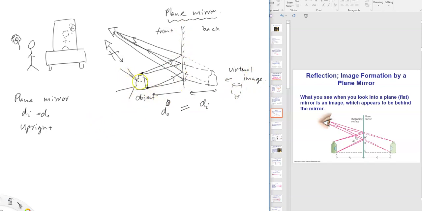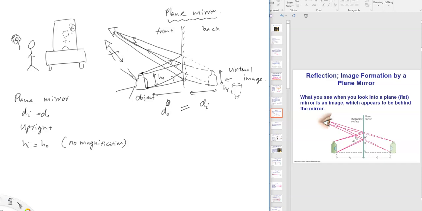And also, if you think about the height of the object and the height of the image, they are equal. So HI equals HO. In other words, no magnification. If the image appears bigger than the object, we say it's magnified.